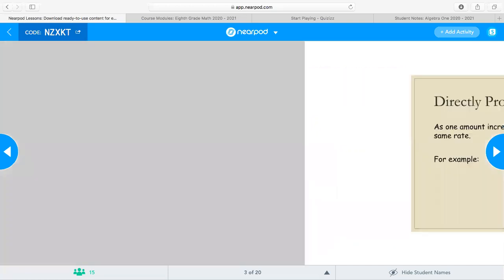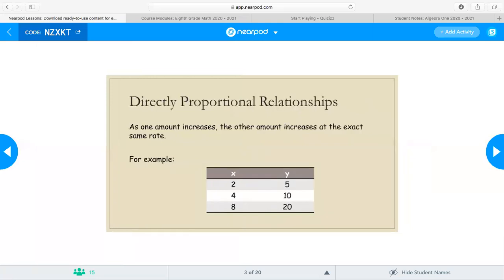All right. So what is a directly proportional relationship? A directly proportional relationship is where as one amount increases or decreases, the other amount increases or decreases at the exact same rate. So for a proportional relationship, there is a constant rate between the variables x and y.